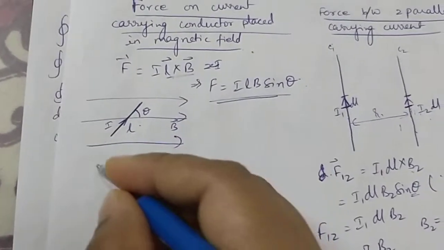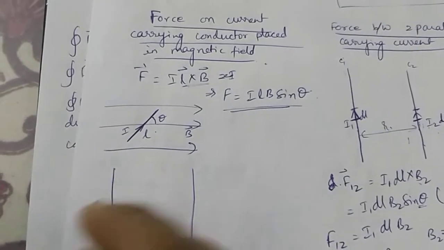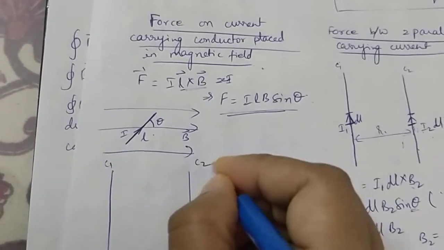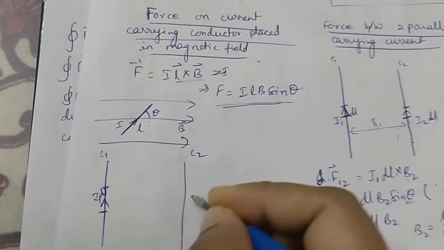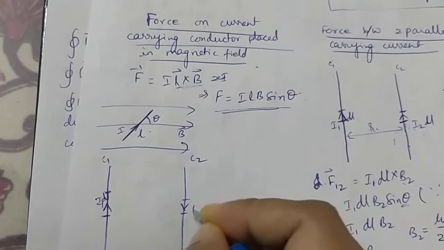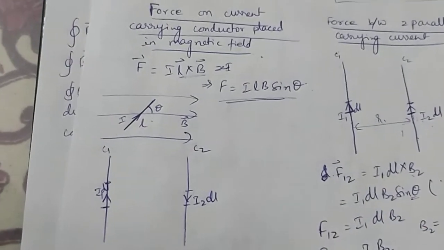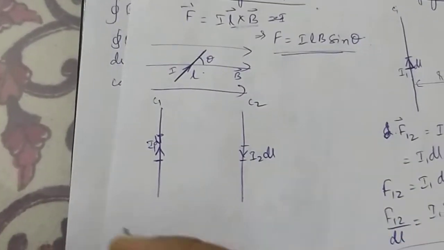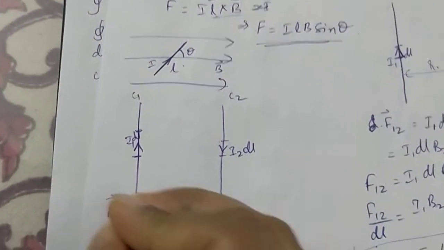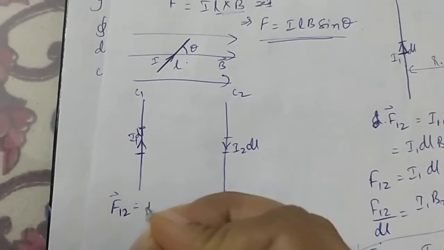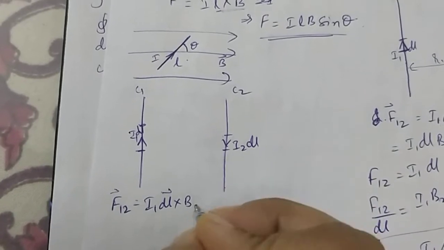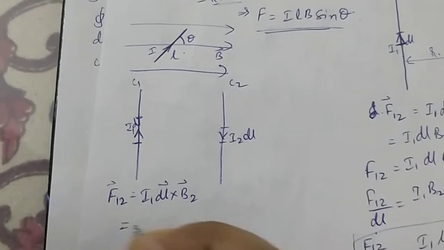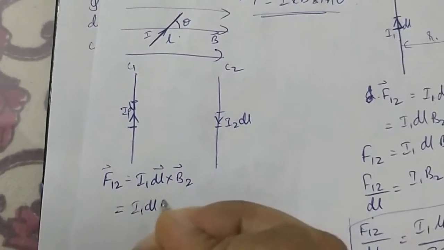If you have current in the opposite direction, suppose these are the wires: this is conductor 1, this is conductor 2, this is I1 dl, a small element, and here the current, this is I2 dl, in the downward direction. Now we have opposite directions. So the force on 1 due to 2 will be I1 dl cross B2, the magnetic field due to the second wire, so I1 dl B2.